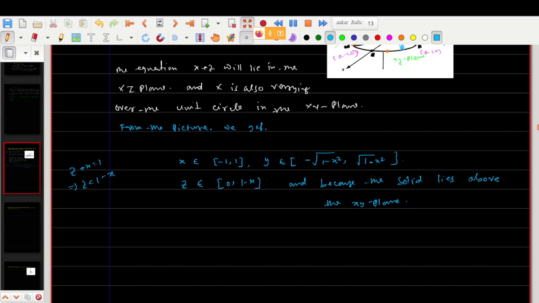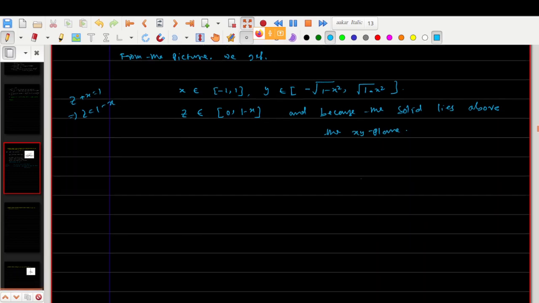So now the volume integration turns out to be, so thus the volume is given by the integration of 1 dV.